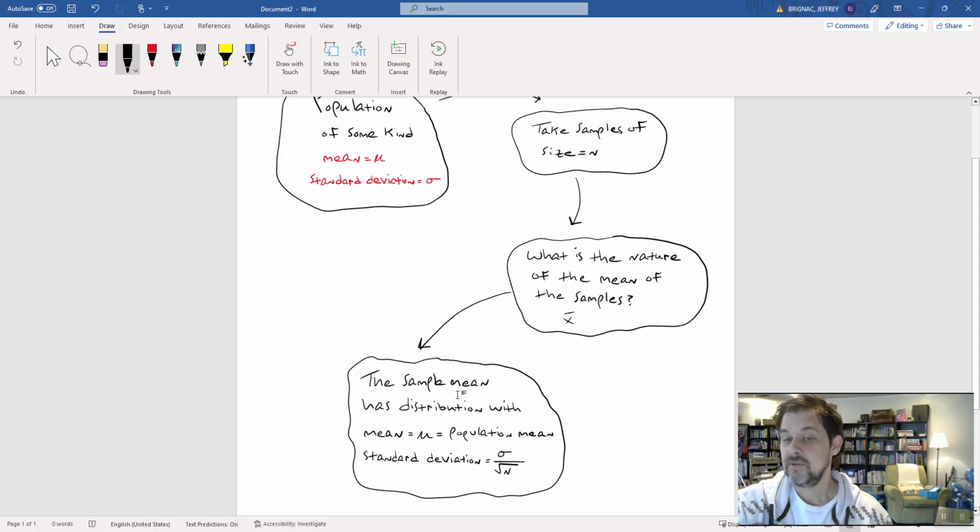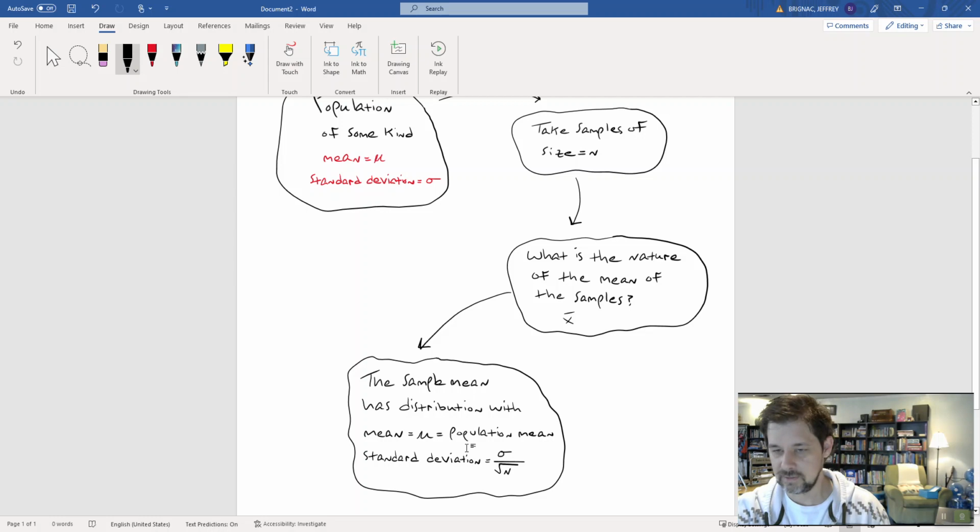The answer is that the sample mean has its own distribution, with a mean the same as the population mean and a standard deviation of sigma, the population standard deviation, over the square root of n, the sample size. When I say the sample mean has its own distribution, I mean it has its own average or middle and it's spread out a certain amount.